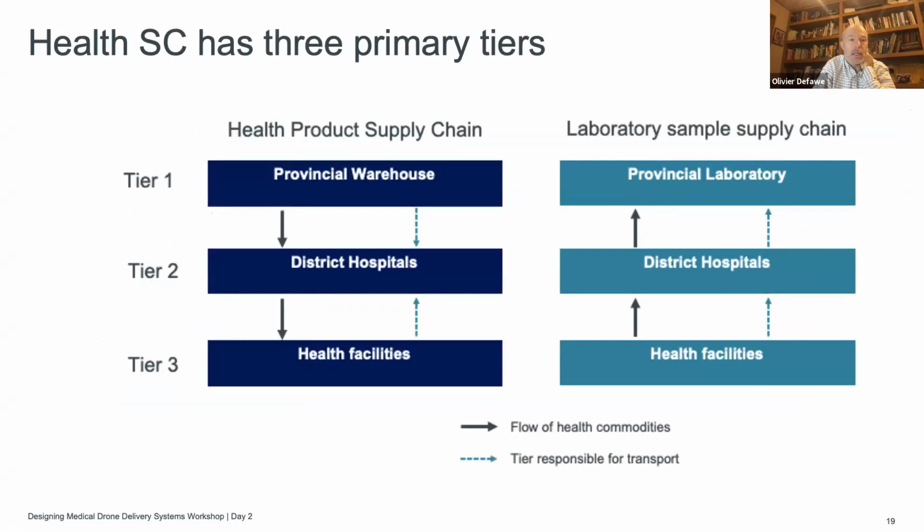And the health supply chain has 3 tiers. If you look at the flow of the product here on the left, you start in Mbandaka with the provincial warehouse.